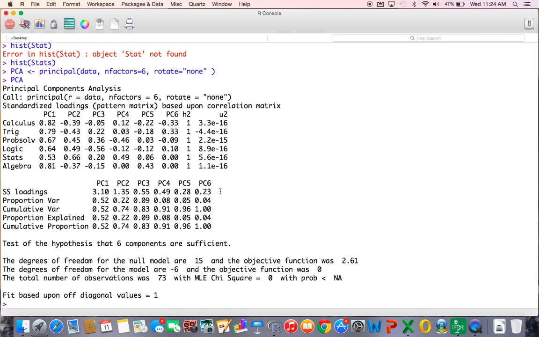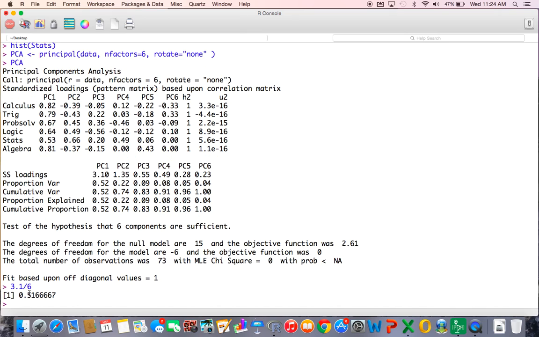And these eigenvalues tell us the percentage of variance that each of these subject areas explain. I'm sorry, not subject areas, components. So component number 1, the eigenvalue is 3.1. So 3.1 out of 6 components, which is 52%, which you'll see right there under the proportion of variance, is explained by component number 1.